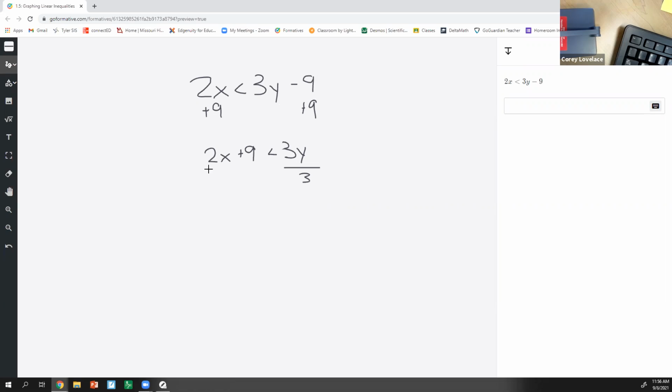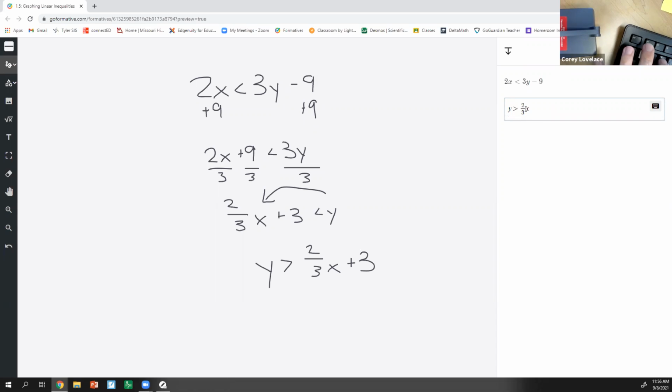Divide by 3 on everything. 2/3 x plus 3 is less than y. And then we always want y on the left side, so I'm going to reverse everything. So y is greater than 2/3 x plus 3. And that's what I would type in. Y is greater than 2/3 x plus 3.